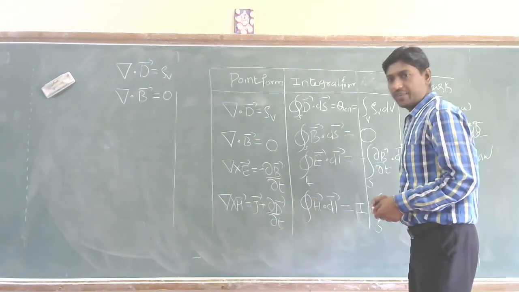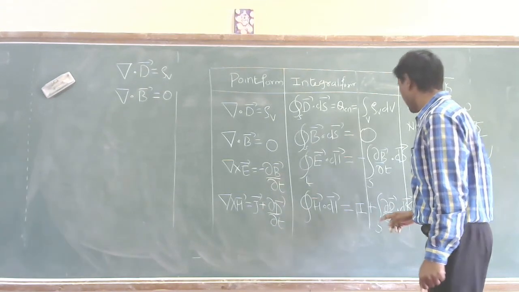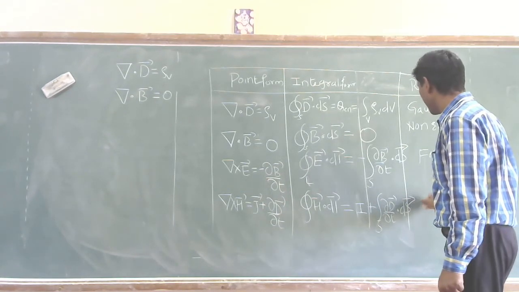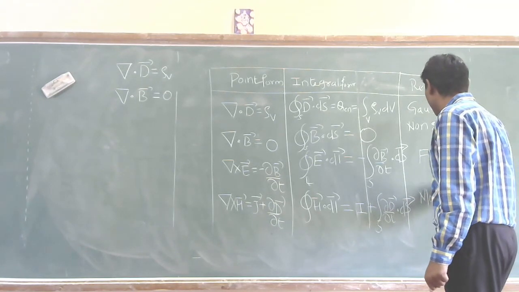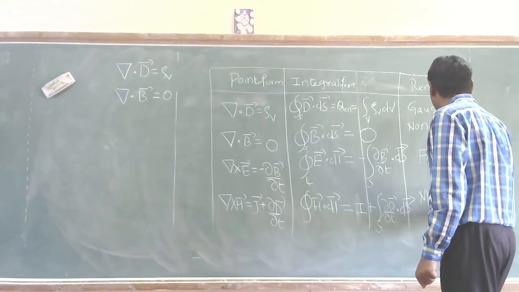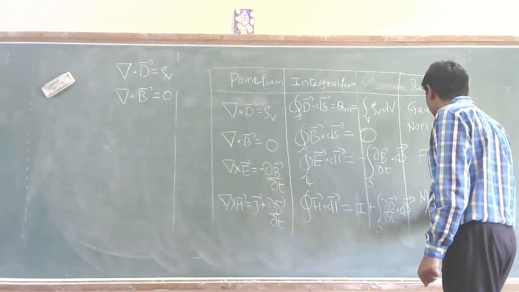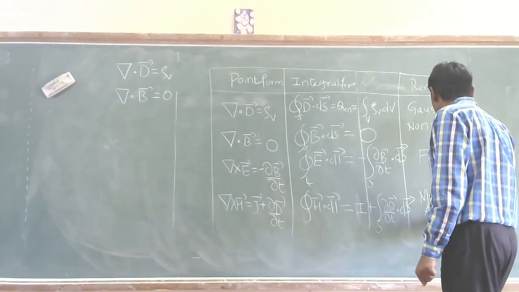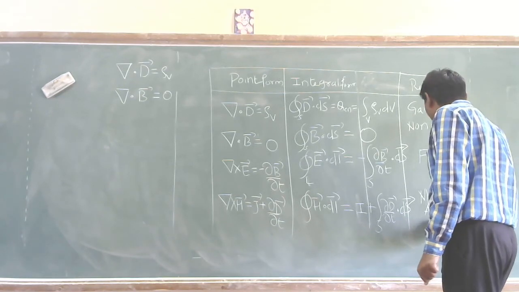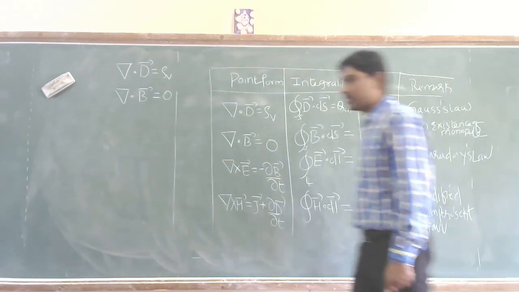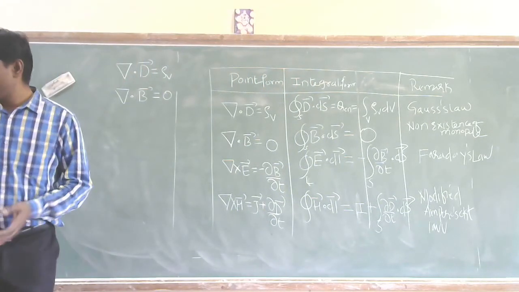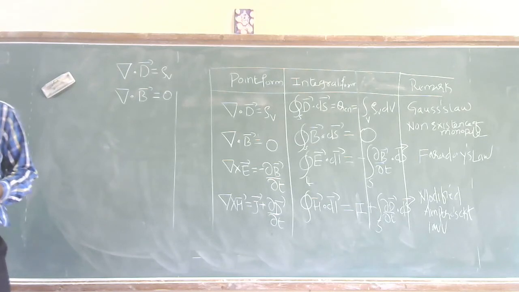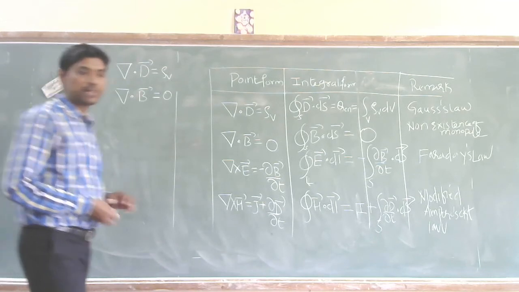And this we could say is the modified Ampere's circuit law. So these are the four Maxwell's equations, which form the basis for all electromagnetic theory.